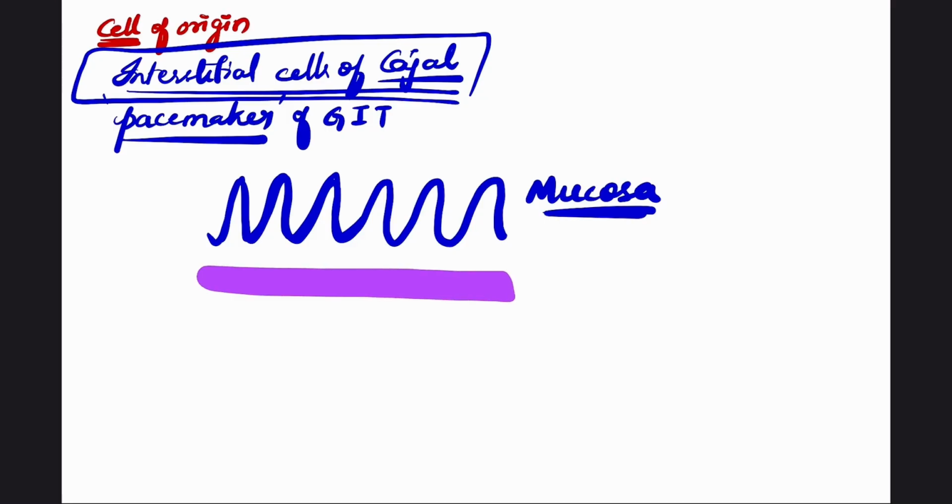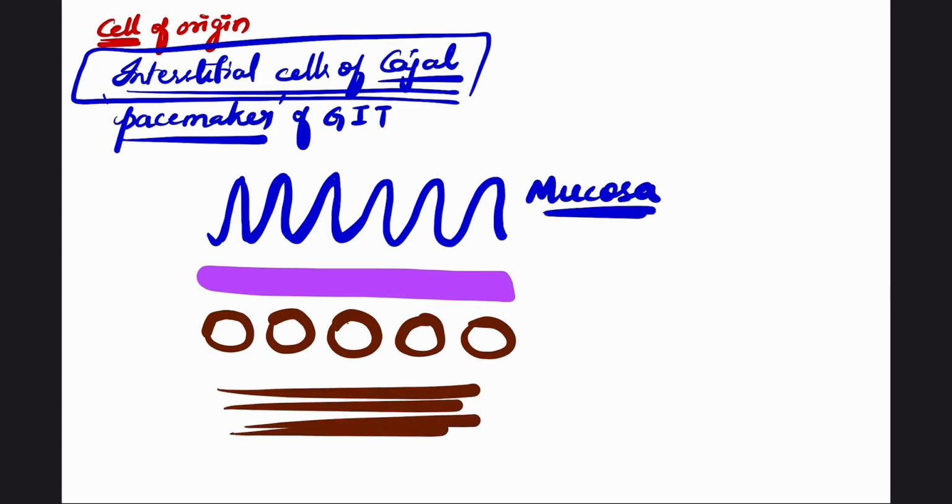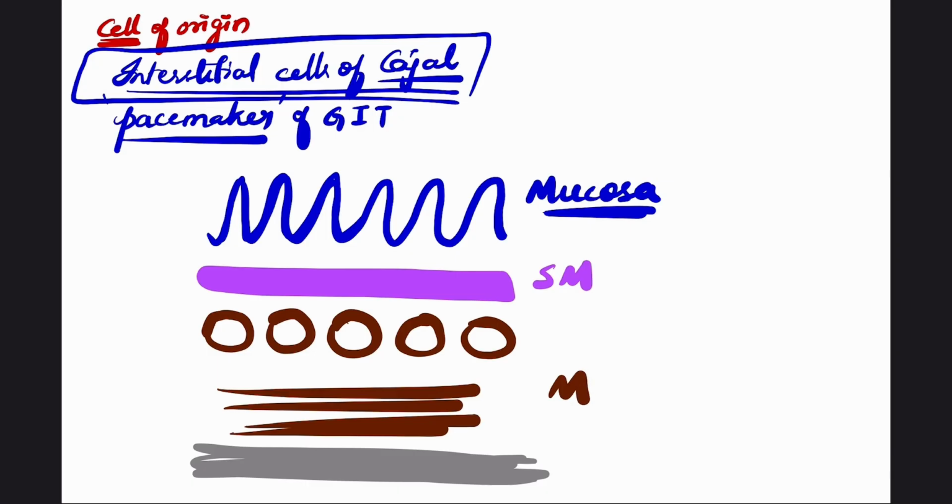Beneath the submucosa is the muscular layer, with an inner circular and outer longitudinal layer. The outermost layer is the serosa, which contains fibrous tissue with blood vessels. So: mucosa, beneath it the submucosa, then the muscle layer and the serosal layer.